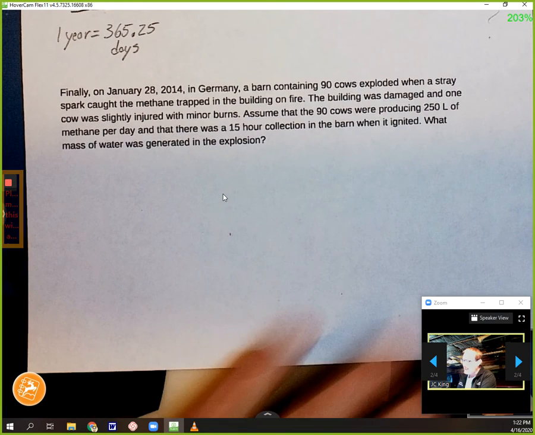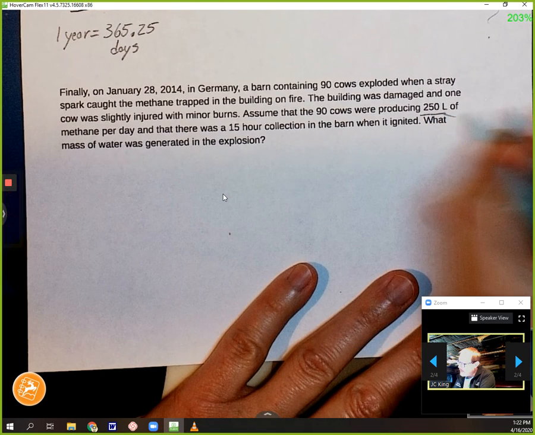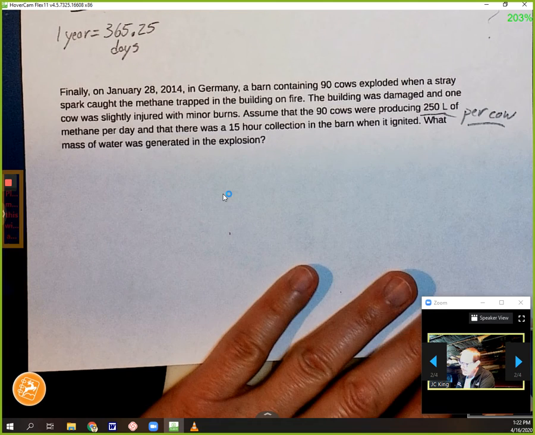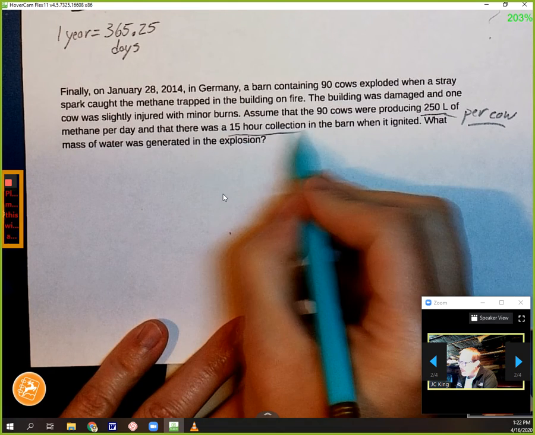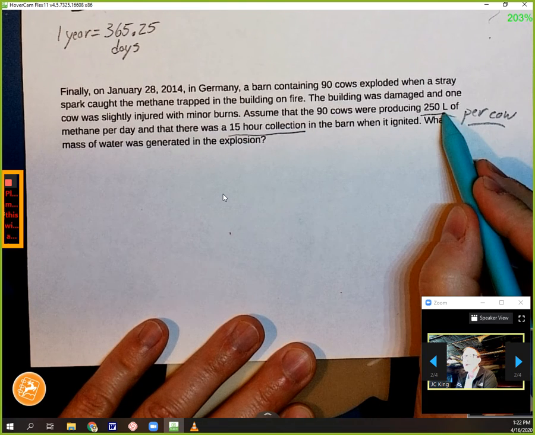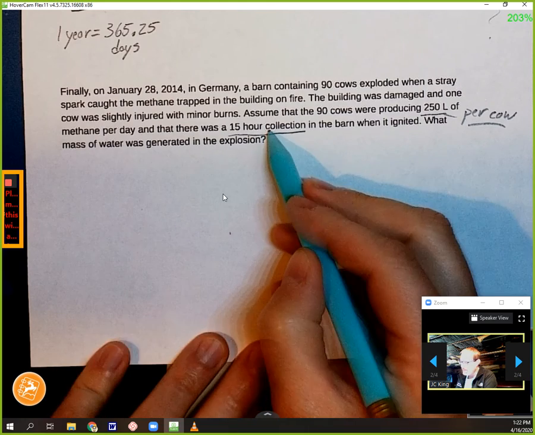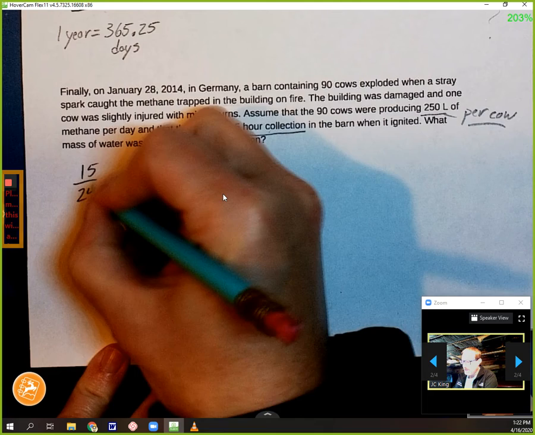Now, this 250 liters is per cow. Very important. And there is a 15-hour collection. So that's per cow per day, but if it was not an entire day, then you're going to have to figure out some way of it only being 15/24 of a day.